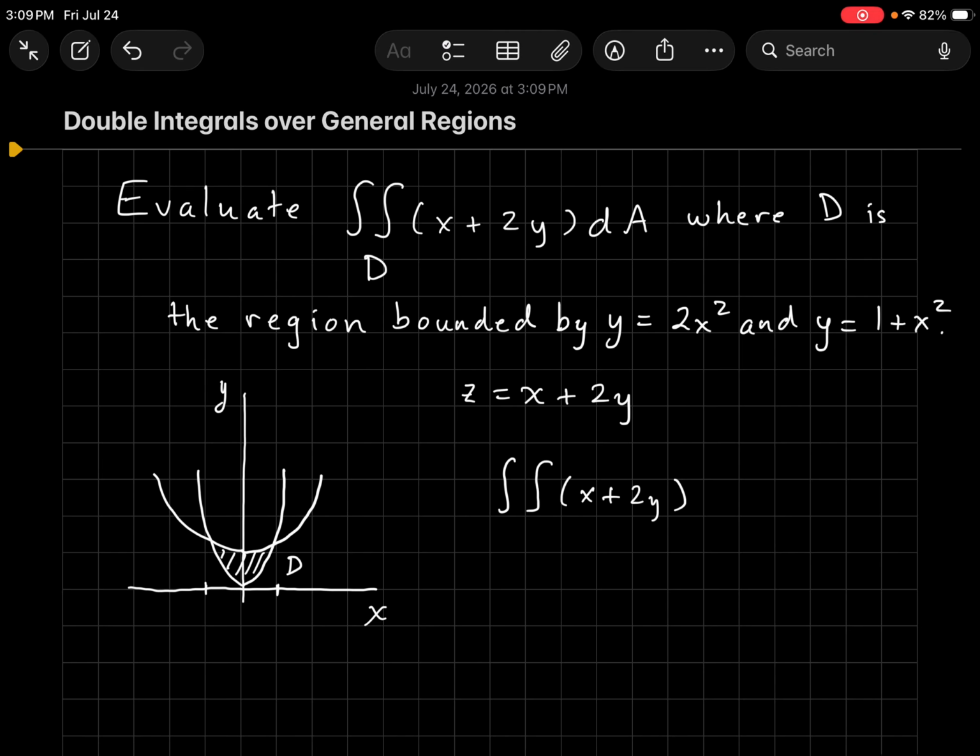It's pretty easy to see that these graphs intersect when x is -1 and 1. And I could find the y intersection points pretty easily as well. It's going to be 2 on both those, but I think this lends itself pretty well to integrating with respect to y first, or really to x second.